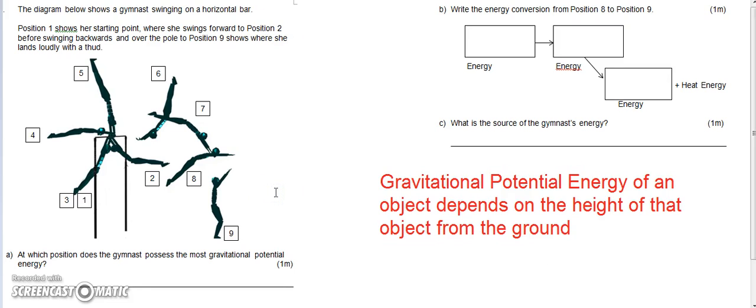So the lower it is from the ground, the lower the gravitational potential energy. And the higher it is from the ground, the higher the gravitational potential energy.